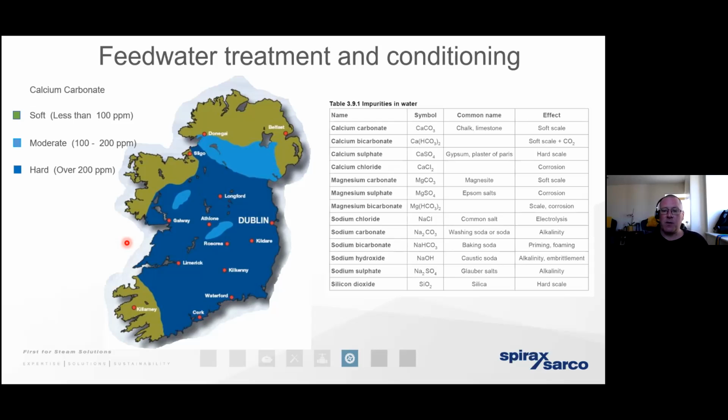The map that I'm showing at the moment hopefully demonstrates that we could have two physically identical processes, identical controls in the boiler house. But these sites could be located 20 kilometers apart. And it could well be that one site's using an excellent condition of raw water and one site's using a poorer condition of raw water.